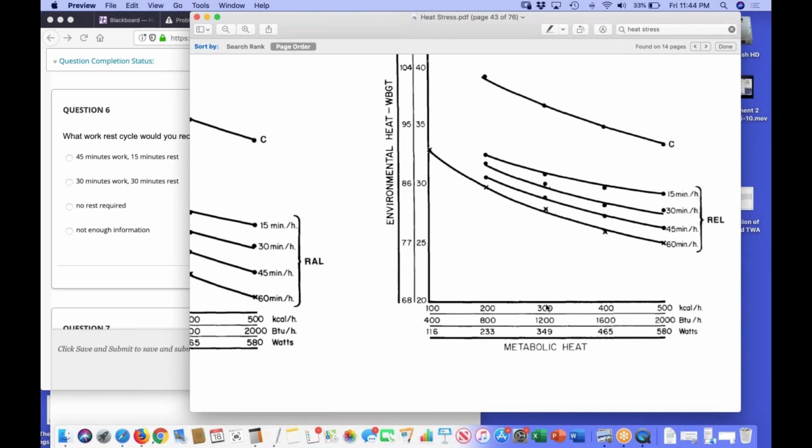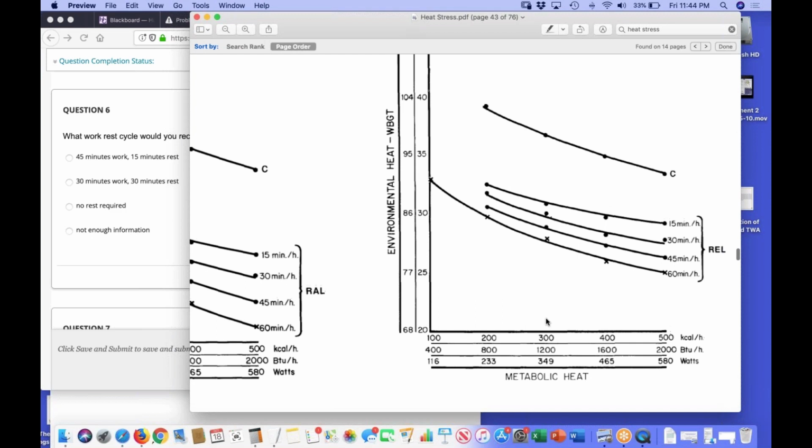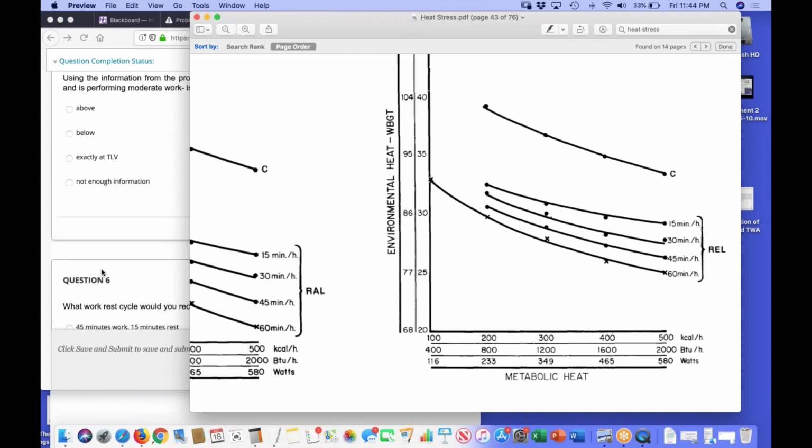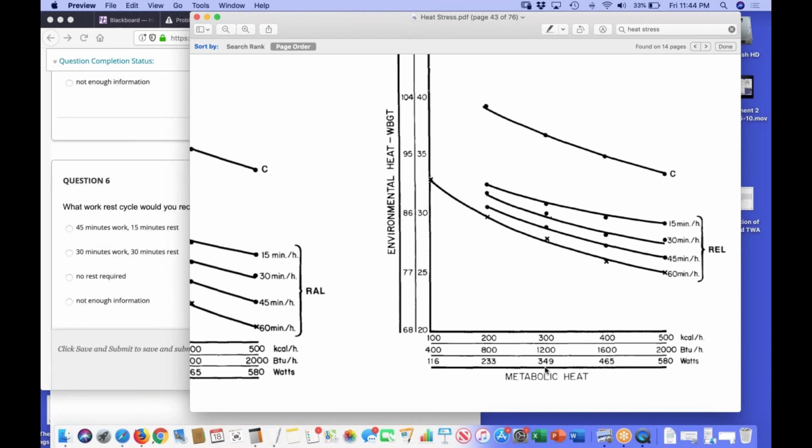Okay, metabolic rate 300. Actually, I'm not sure which one we are looking at here. I'm thinking it's this one. It would be moderate. Okay, let's take that one as moderate.